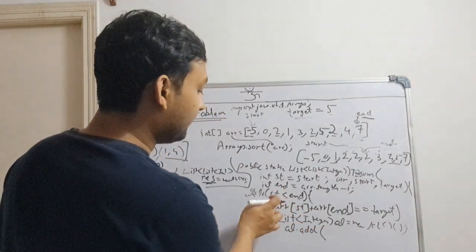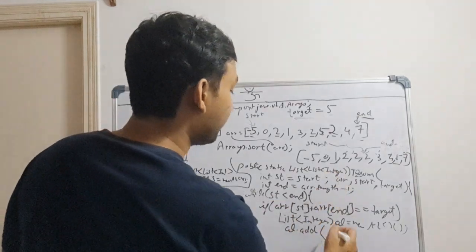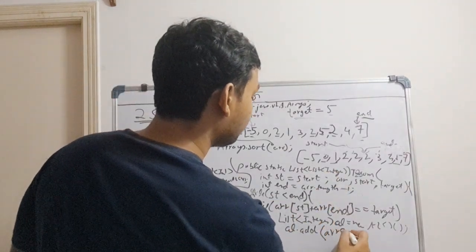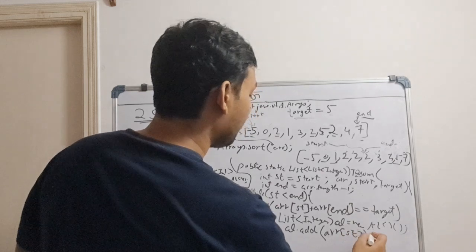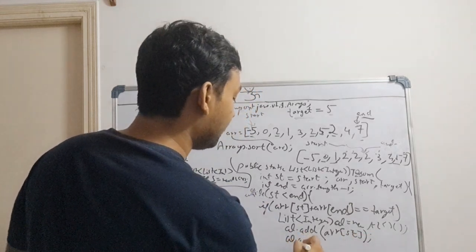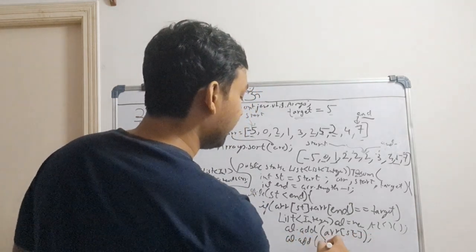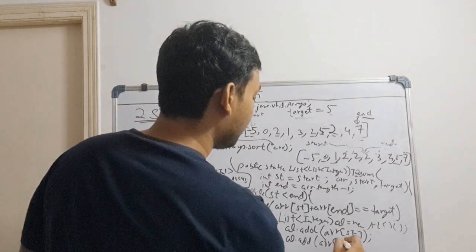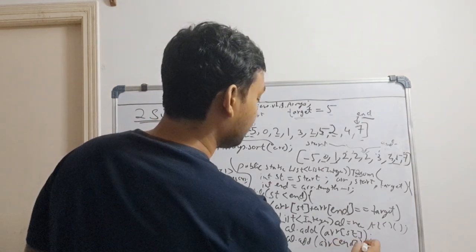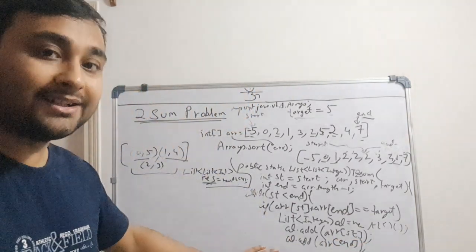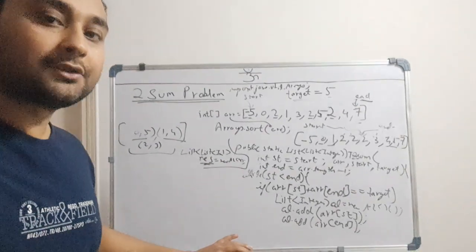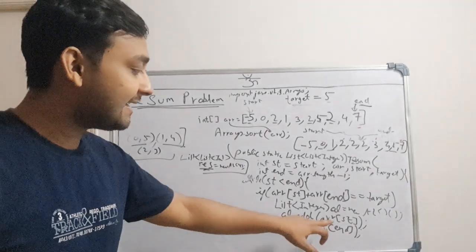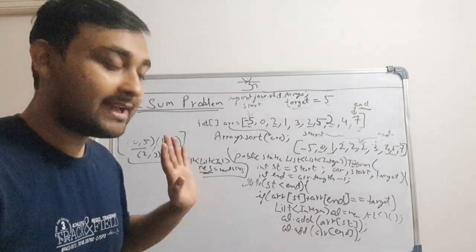So this is arr of start. Then I have to do al dot add arr of end. I hope you are understanding what I am writing over here. So you can see I have added arr of start and arr of end.